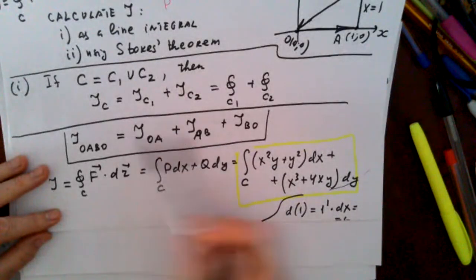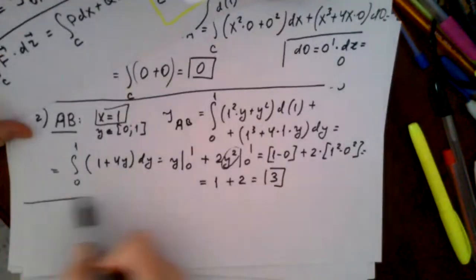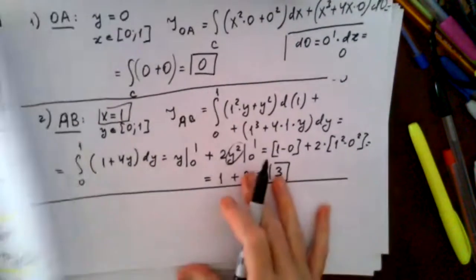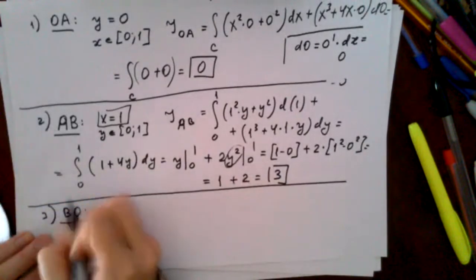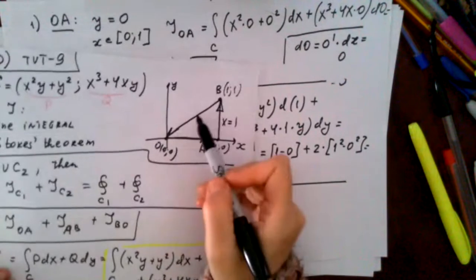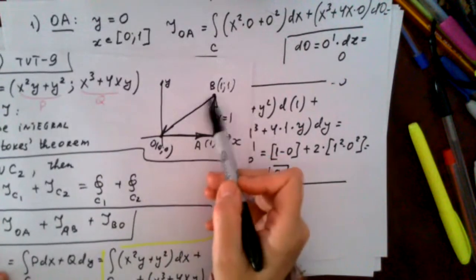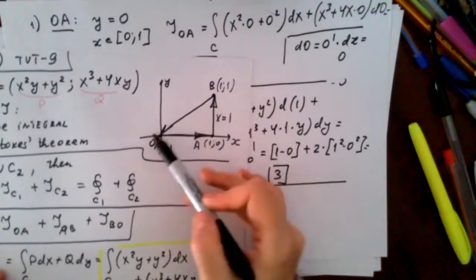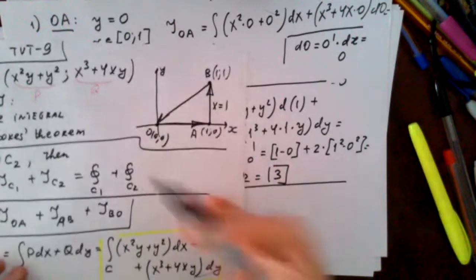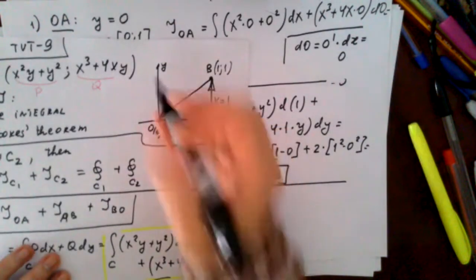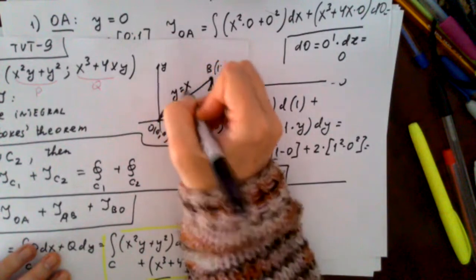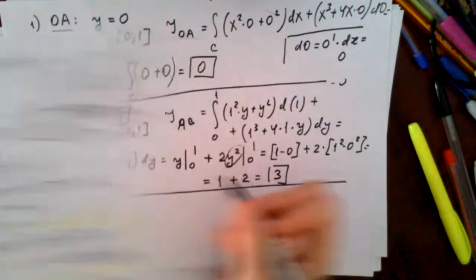So remember, this was 0, this plus 3, and let's see what happens with the last term. Let's write it here, number 3. Section number 3 is BO. Note that it's not OB, as you might be tempted to write, it's BO, because your notation should reflect the direction in which you move. Maybe you can recognize this straight line immediately. This is a very famous straight line, which is y is equal to x.